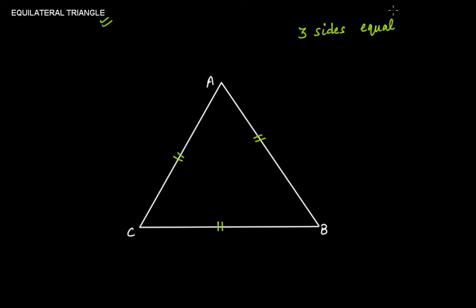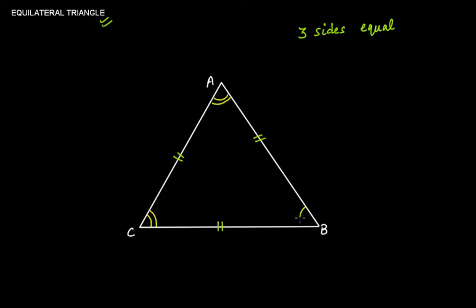Whenever in a triangle three sides are equal, they are called equilateral triangle. And there is one more special point about such triangles, and that is all the angles are equal.